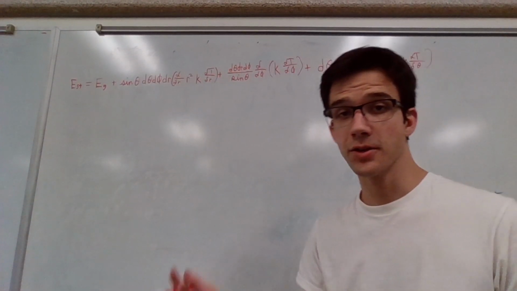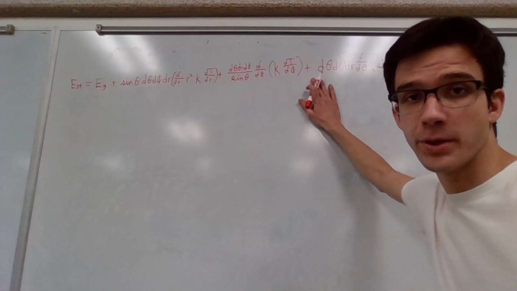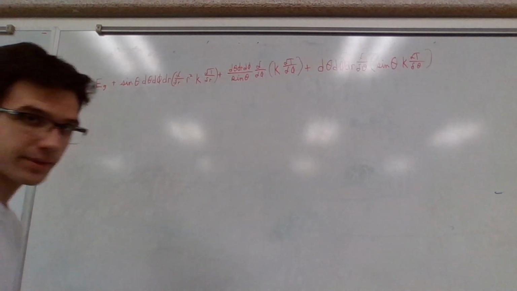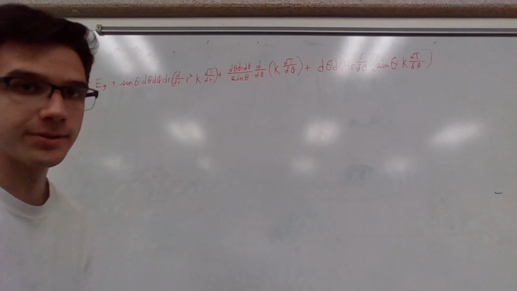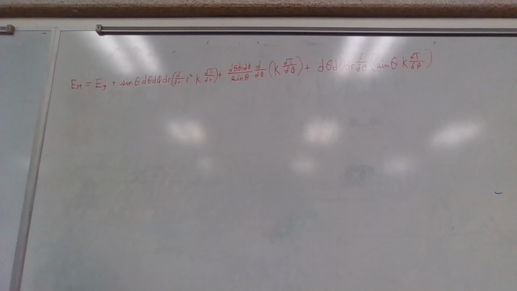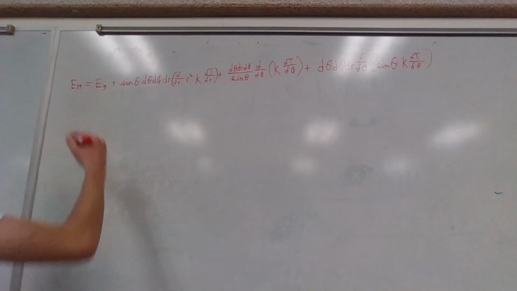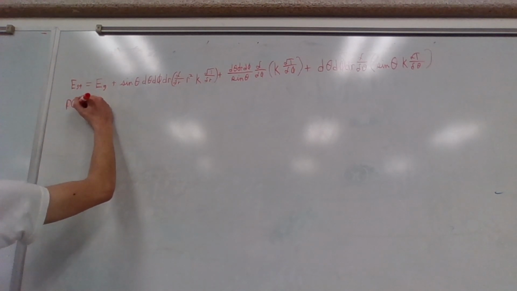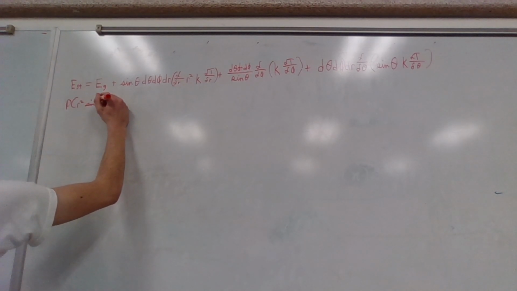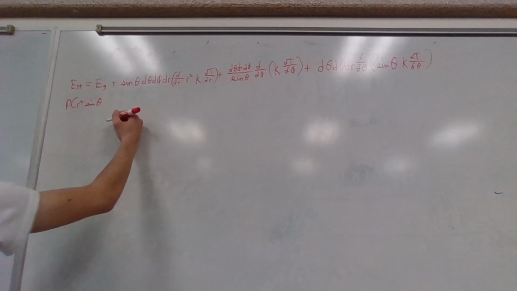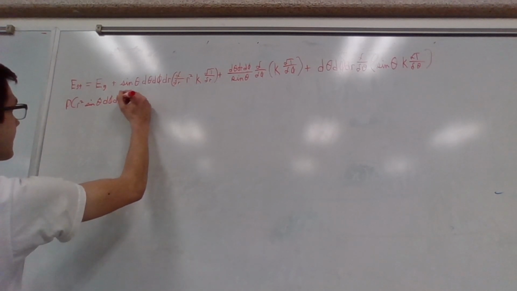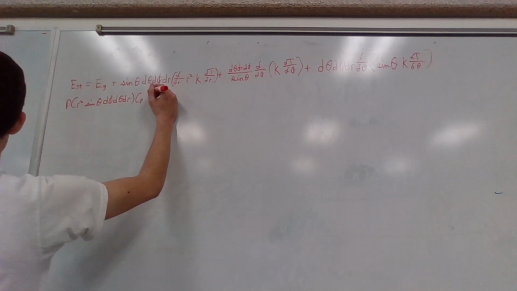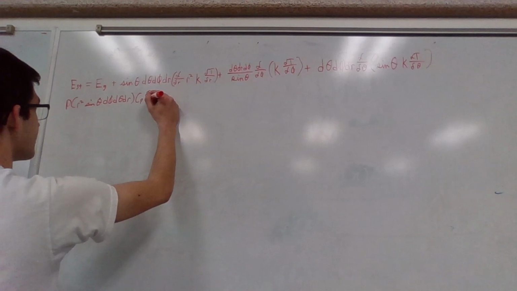All right, so what I did here, because we were running out of space, is I just rewrote that whole equation we had on the bottom of the board on the adjacent board up here at the top. So what we're going to do now is plug in our energy storage and energy generation terms that we just defined. So I have it on this other board over here, so I'm just going to copy it now. So for our energy storage, that's going to be rho r squared sine theta d phi d theta dr, some heat capacity Cp, times, of course, our change in temperature with time.